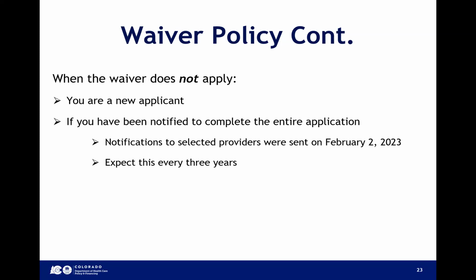The waiver does not apply if you are a brand new applicant and have not received funding through the primary care fund in the previous years, or if you have been notified to complete the entire application. And again, those notifications went out on February 2nd.